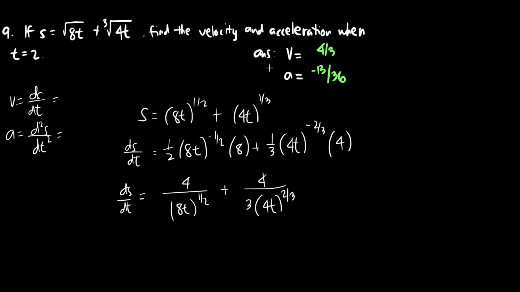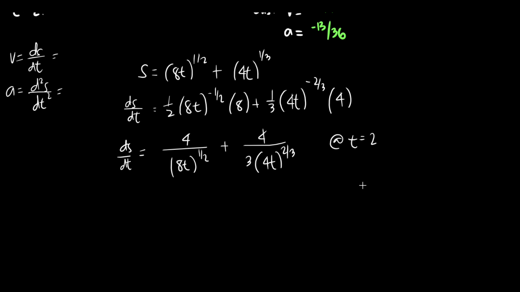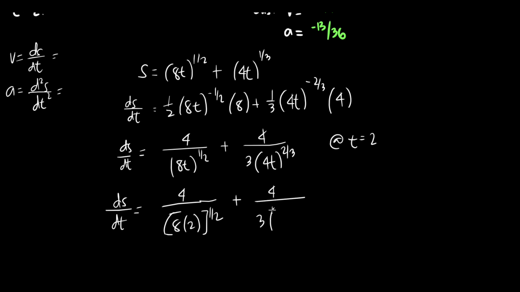But take note that when we find the velocity at t equal to 2, we have ds over dt is equal to 40 all over 80 times 2 raised to the power of 1/2, plus 40 all over 3 multiplied by 40 times 2 raised to the power of 2/3.